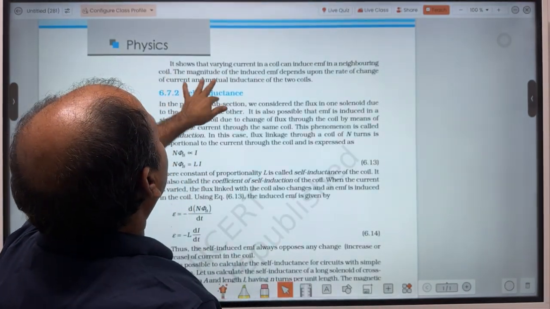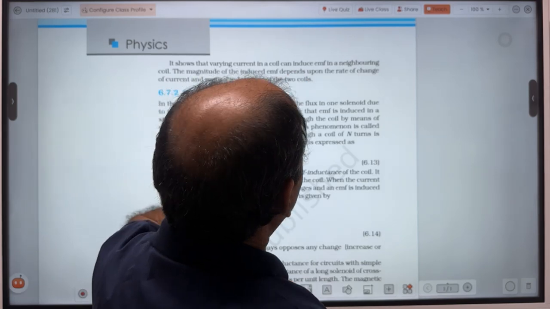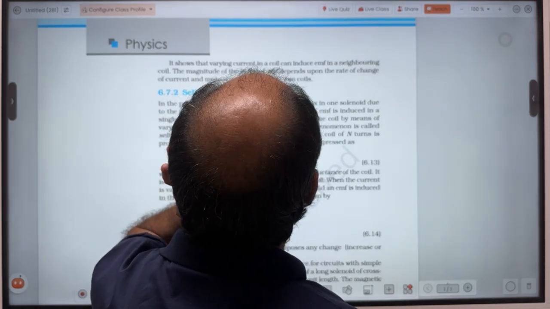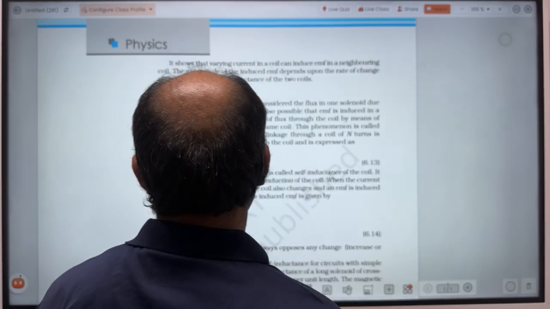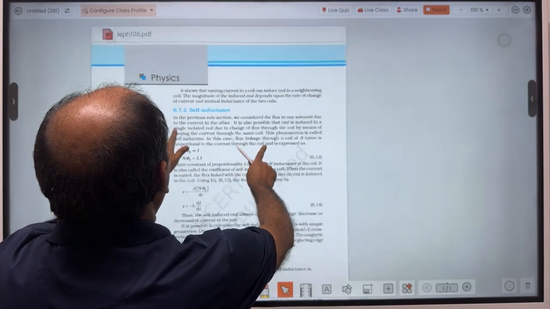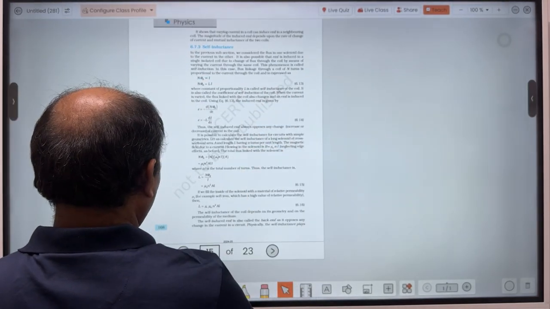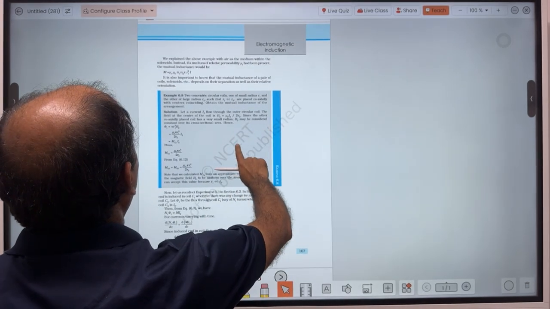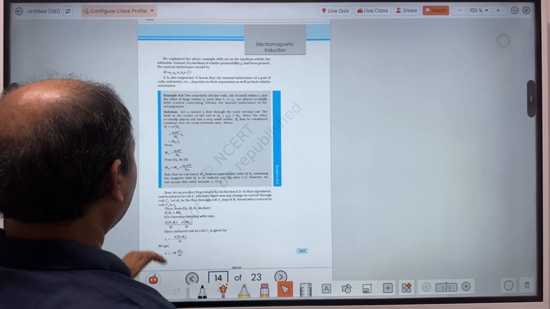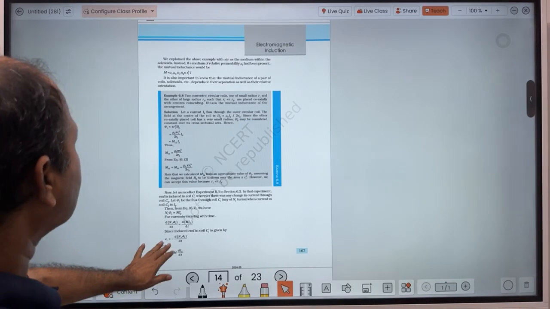It shows that varying current in a coil can induce EMF in a neighboring coil. The magnitude of induced EMF depends upon the rate of change of current and the mutual inductance of the two coils. So once again, I would like to tell you about this question, and after that we will continue these derivations.